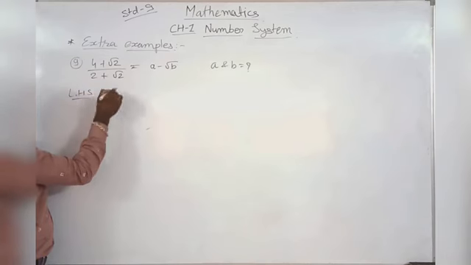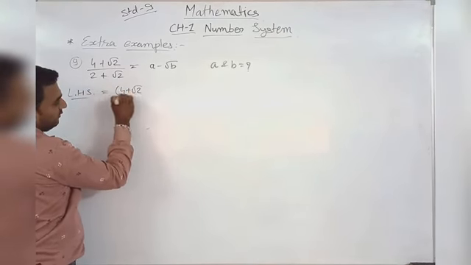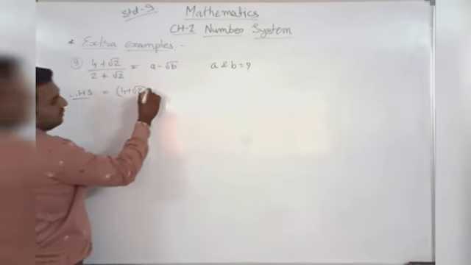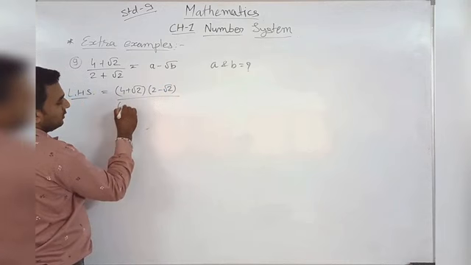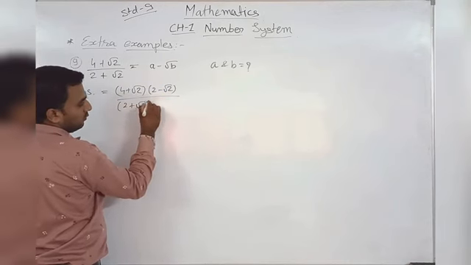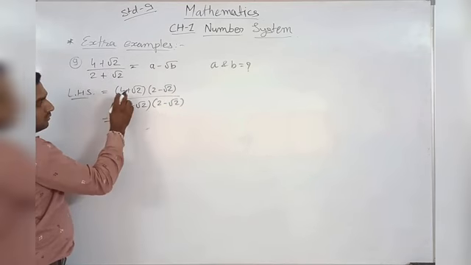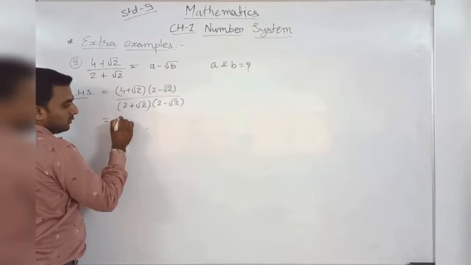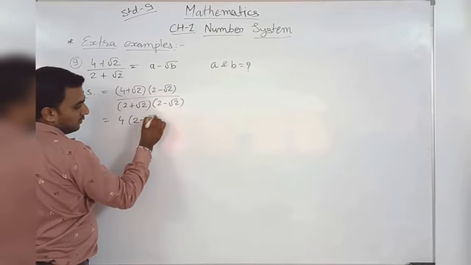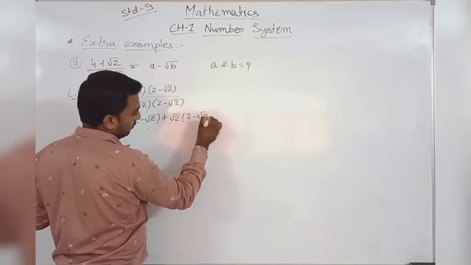What is our LHS? 4 plus root 2 over 2 plus root 2, and we multiply by 2 minus root 2 because we need to rationalize. Since the denominator is 2 plus root 2, we multiply both this way by 2 minus root 2.